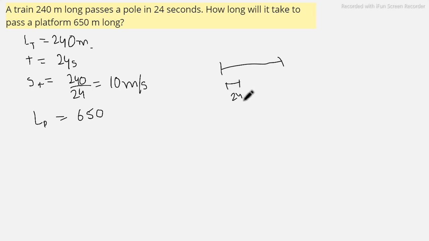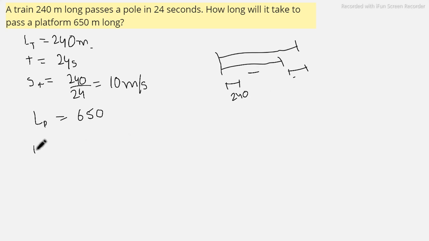We can say that the train has passed the platform only when the whole train has crossed it. So the train has to cover this distance as well as this distance to completely cross this platform, which means the total distance will be the length of the train plus the length of the platform.